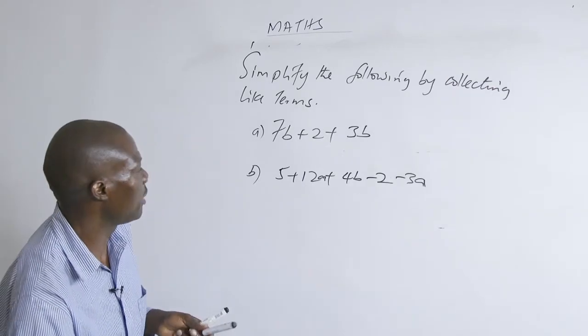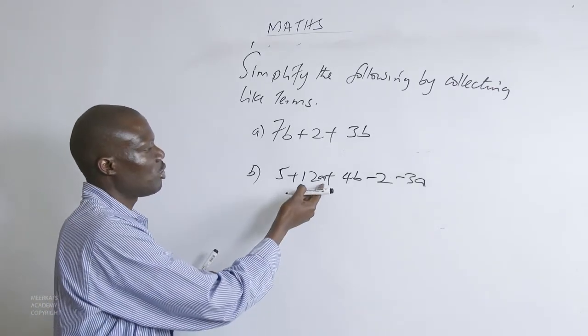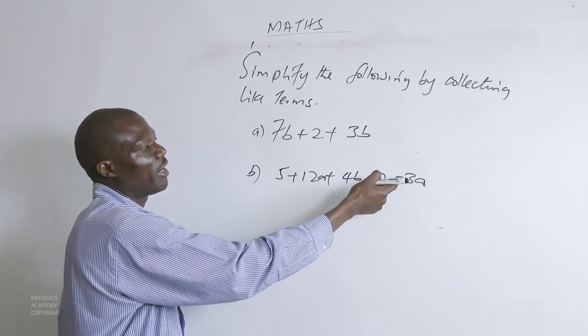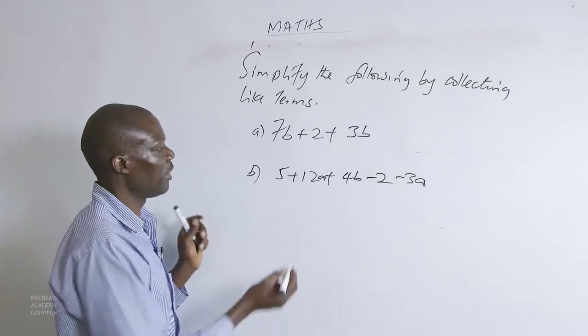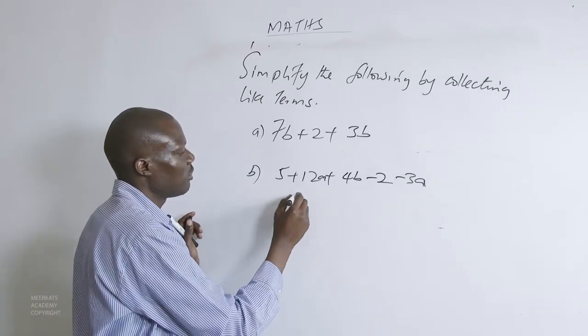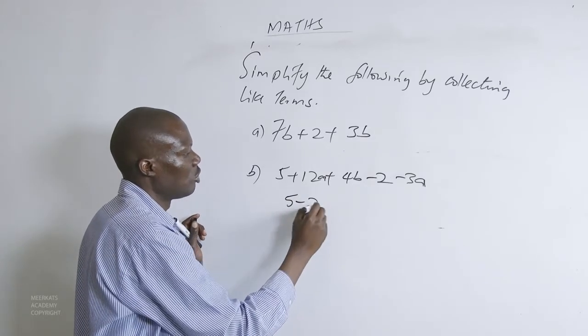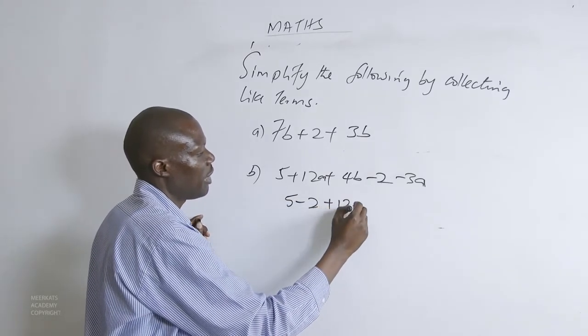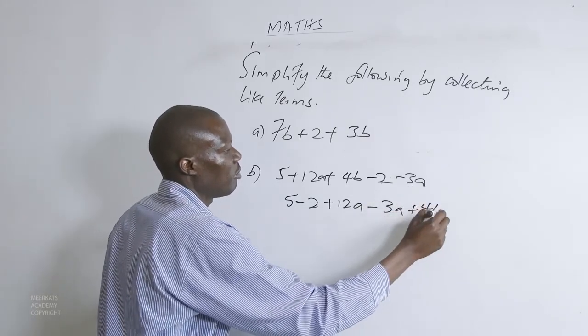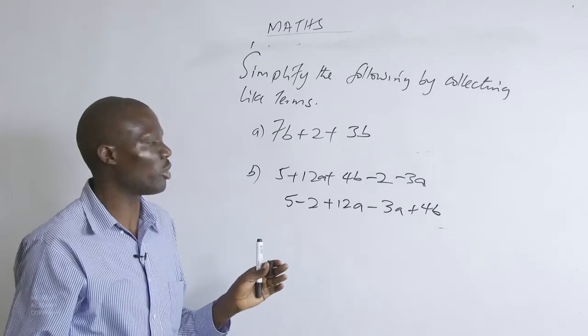For the second part, we have 5 plus 12a plus 4b minus 2, then minus 3a. Now, we collect like terms. Constants come together. So this is 5 minus 2 plus 12a minus 3a, then plus 4b. That will be when we collect.